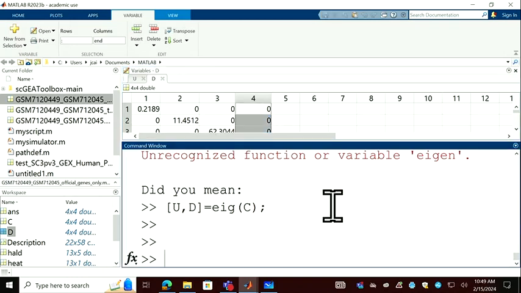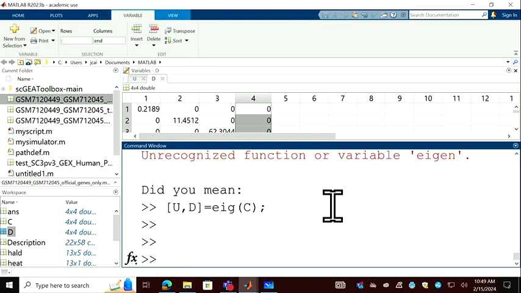So how can you rotate your data points? Basically, you should be able to use U times your original X. Let me check the dimensionality. U is 4 by 4, and my data is 13 by 4, so I cannot do this.